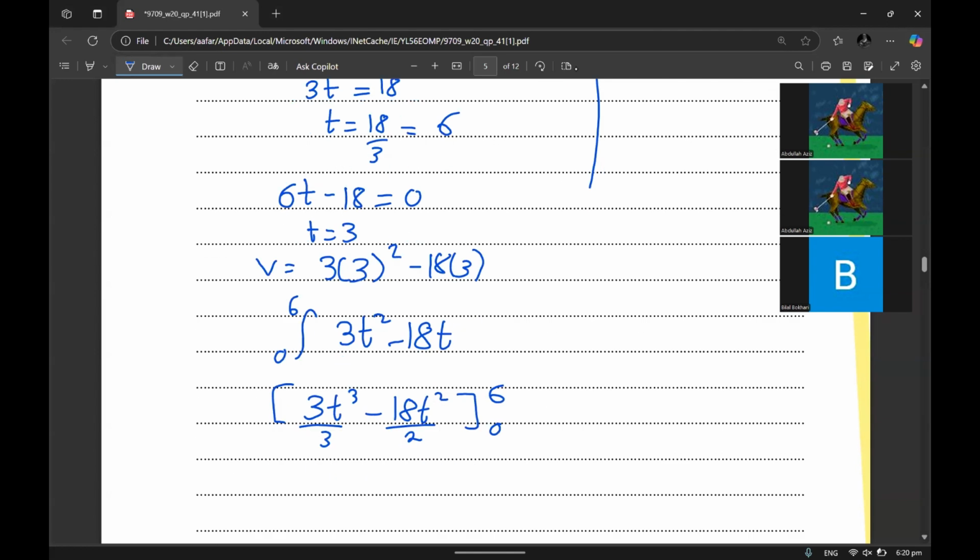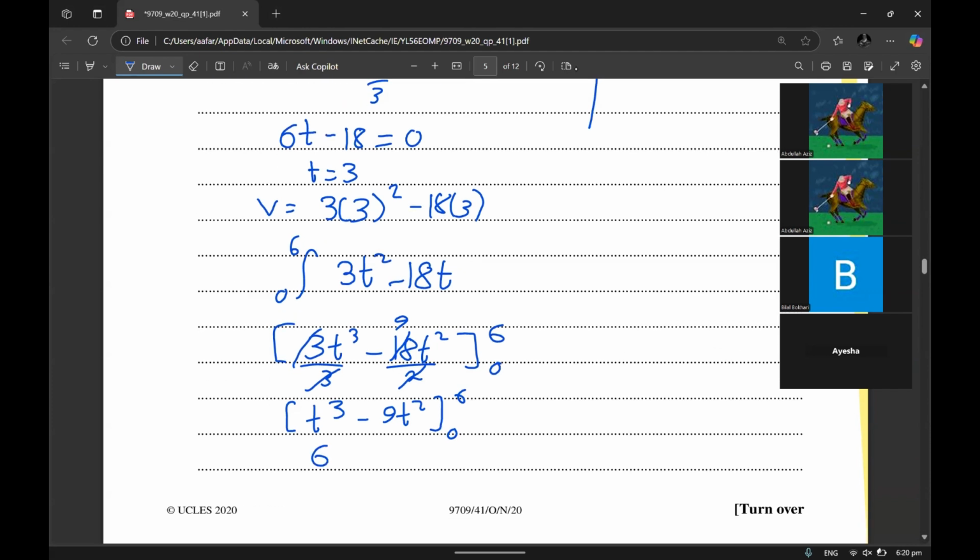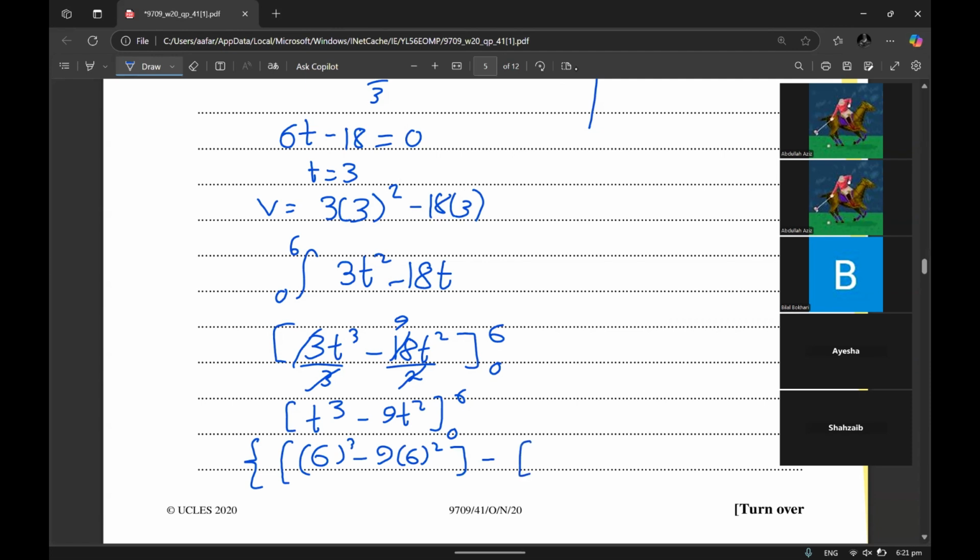Limits 0 to 6. We cancel 3 with 3 and 18 with 2, we get 9. So t cube minus 9t square, with limits of 0 and 6. Let's solve it: 6 cube minus 9 times 6 square, minus 0 cube minus 9 times 0 square.